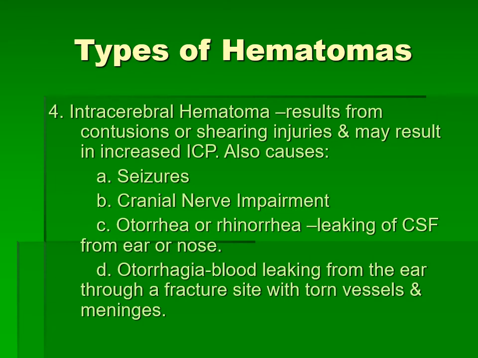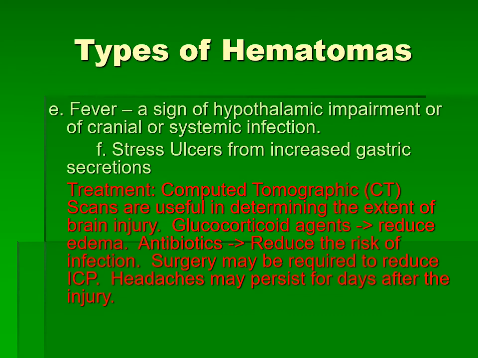Otorrhagia is blood leaking from the ear through a fracture site with torn vessels and meninges. Fever, a sign of hypothalamic impairment because your temperature control center is in the hypothalamus, or cranial or systemic infection. Stress ulcers can result from increased gastric secretions. Now this is called Curling's ulcers.